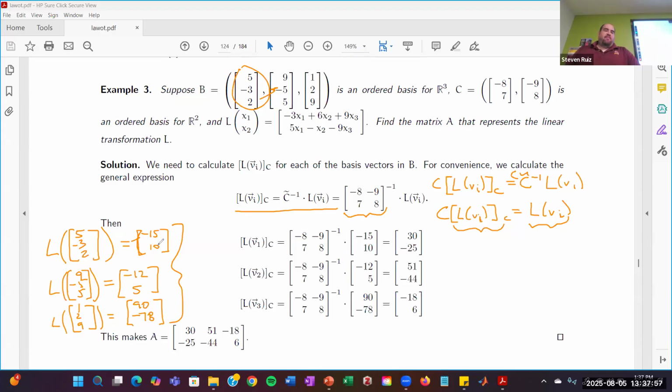So these negative 15, 10, negative 12, 5, 90, and negative 78, those should all be with respect to the standard basis of R2, but that's not the basis of R2 that I want to deal with. I want to deal with C.